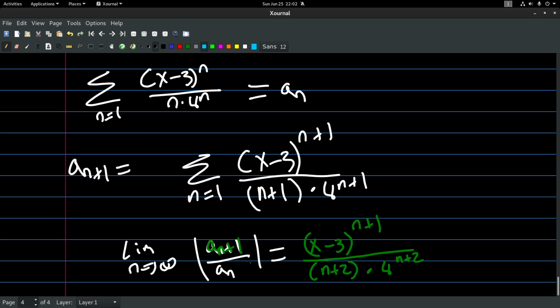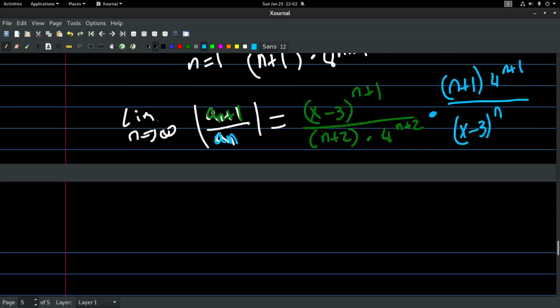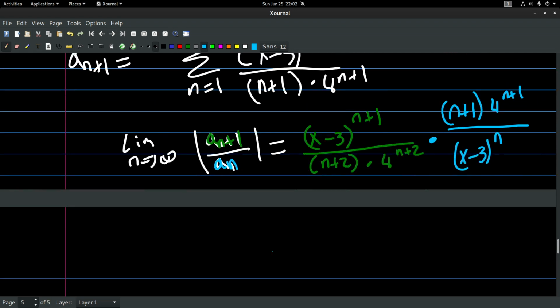I'm going to pick another color. That's a_n times (x minus 3) to the n over n times 4 to the n. I'm going to bring those same terms together.